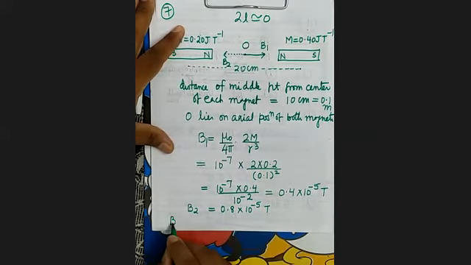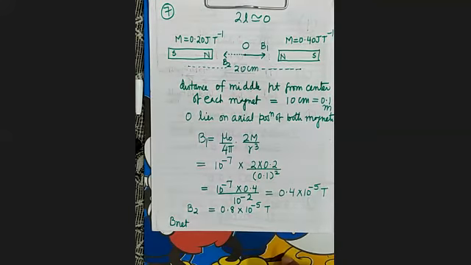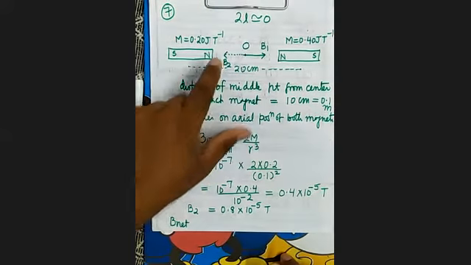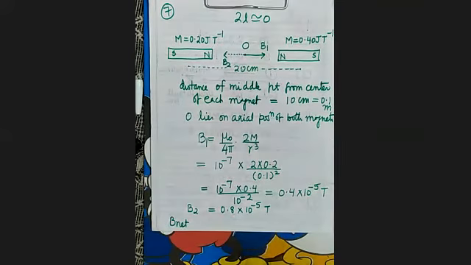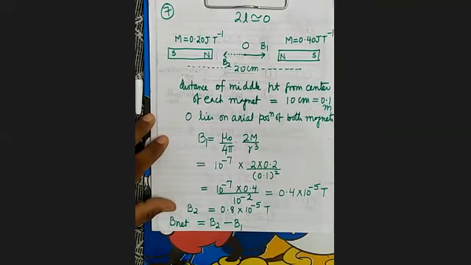So what will be the net magnetic field? You can see B1 and B2 are oppositely directed. Therefore, it will be B2 minus B1, which means this minus this.